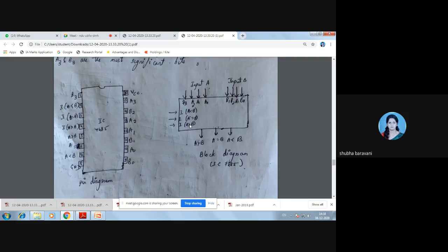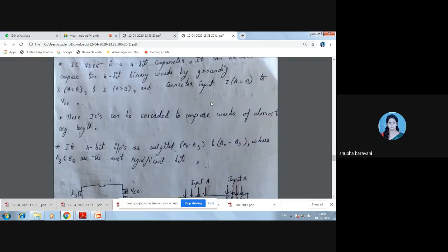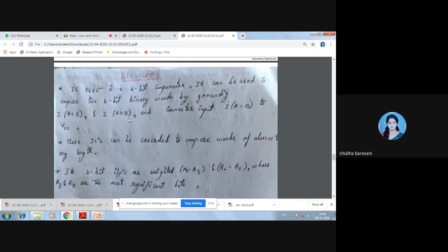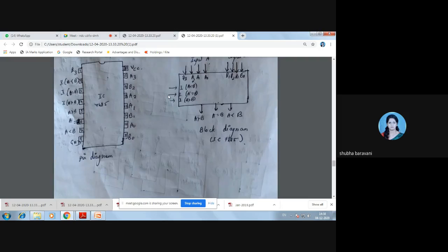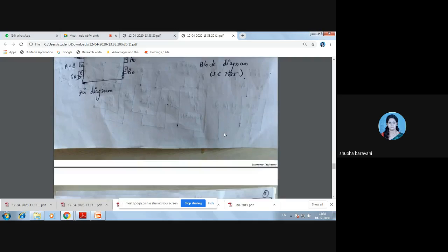To cascade, I ground A greater than B and A less than B, and connect A equal to B to the connector. So this is the pin diagram and this is the block diagram.